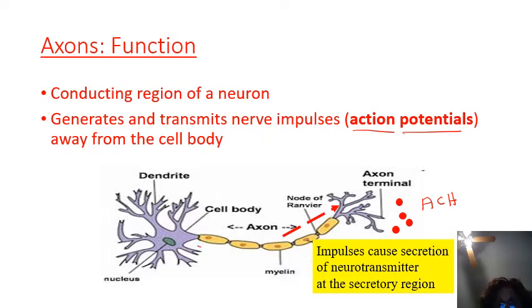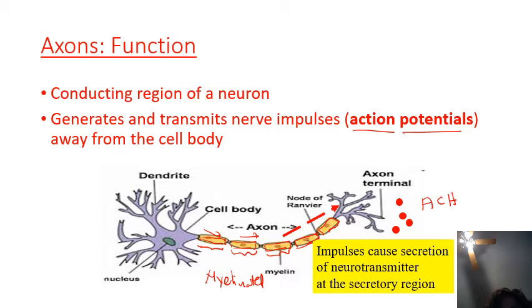Notice that this neuron is myelinated. The myelin sheath is a structure created by glial cells which wrap around the axon, creating an insulation that will allow the action potential or nervous impulse to travel rapidly down the axon.